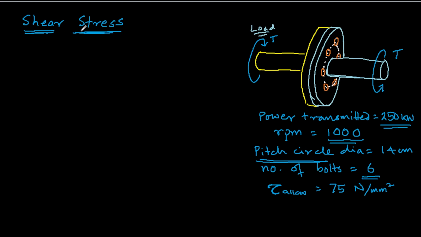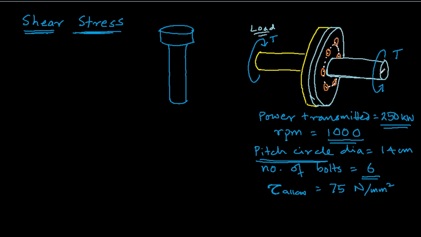Now, how to think about the problem? You are thinking that there is something like a bolt. This is the bolt head, and this is the part which gets inserted here.